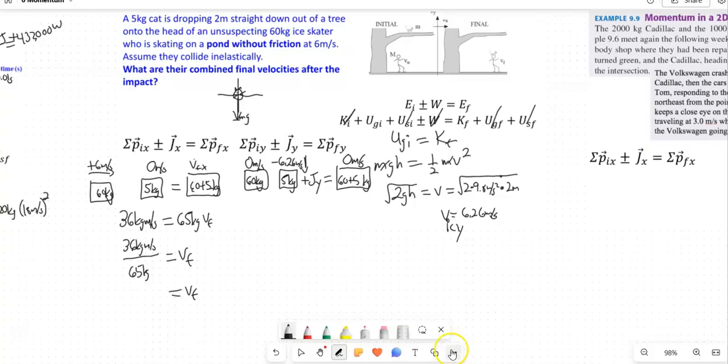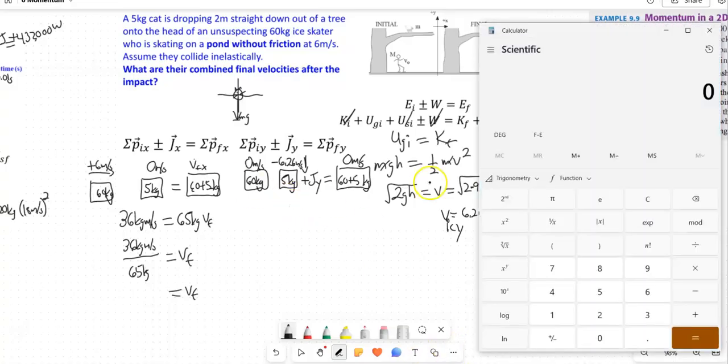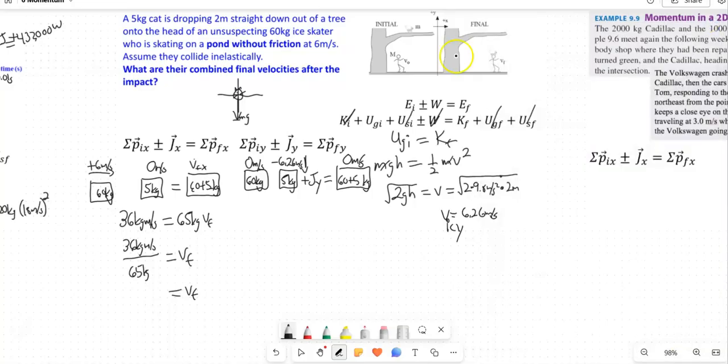This problem is cool because there's an impulse in this. It won't make sense if there isn't an impulse, okay? But not in the x direction. So 36 divided by 65 is 0.55, a little bit over half a meter per second. So that is their final velocity after the impact.